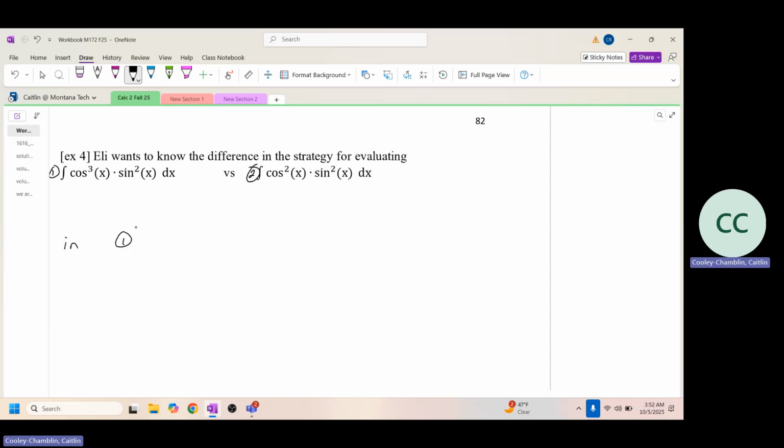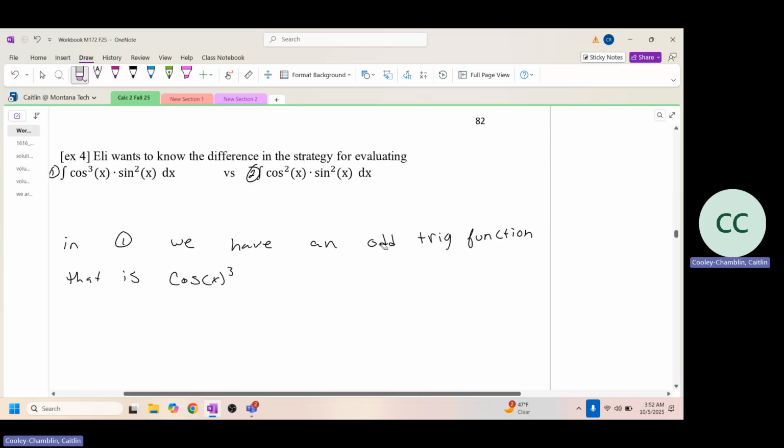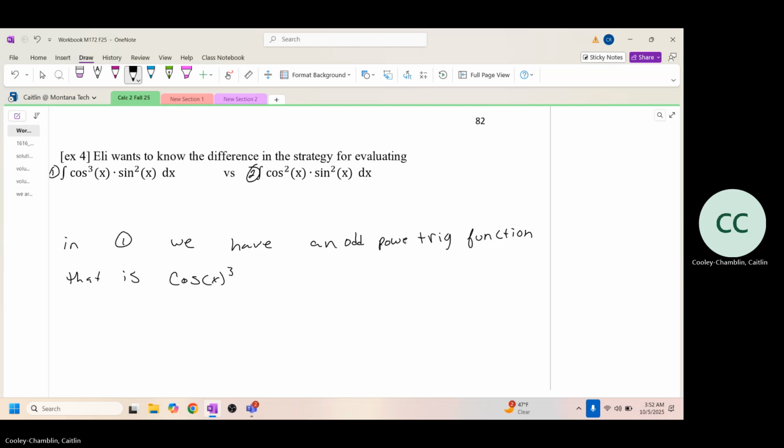In 1, we have an odd trig function, and that is cosine. So cosine x cubed. I should say an odd power. I keep saying odd and not including power. So let's say odd power trig function, that is cosine cubed.